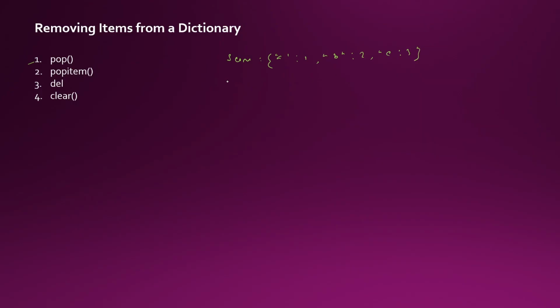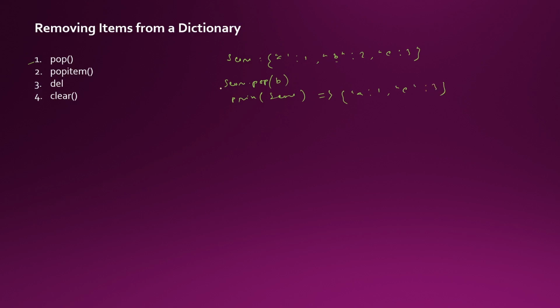Now if I perform score dot pop, I want to remove this B, so I just mention my key over here. Now if I print score, it will give me the output A as 1 and C as 3.